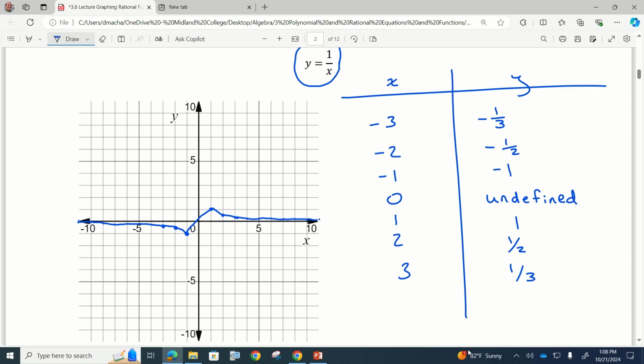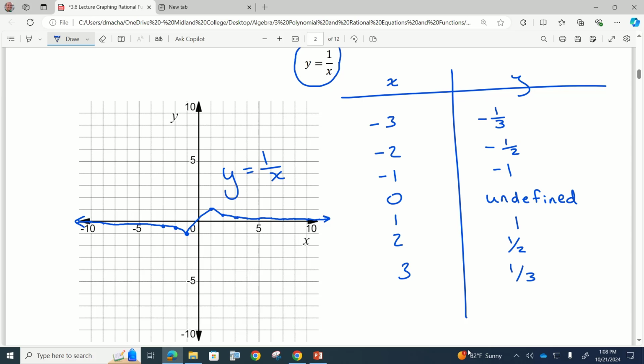But I'm here to tell you that this is a terrible graph of what I'm trying to graph, right? Like the function y equals 1 over x doesn't really look very much like this. And again, my point is that, normally with polynomials or quadratic functions or whatever, especially lines, making a table of values and then connecting the dots is almost always good enough.